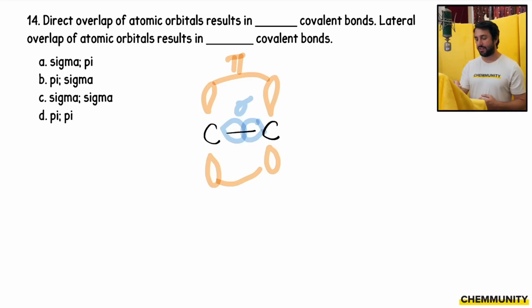What we're saying here is direct overlap of atomic orbitals results in sigma bonds. That's what we are seeing right here. And then lateral overlap of atomic orbitals results in these pi covalent bonds. So which of the options has the correct configuration? A says sigma pi, so that is going to be the one right there.